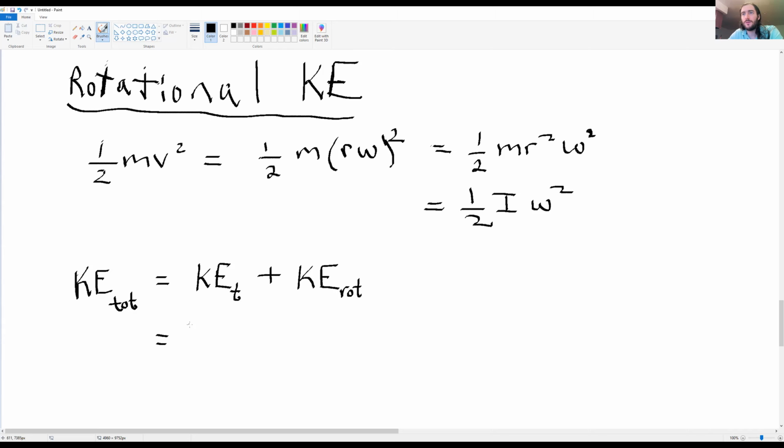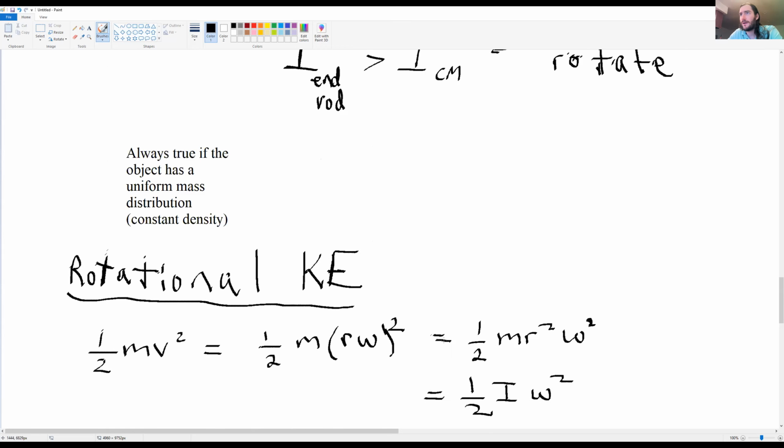So for example, for a bicycle, we would have 1/2 the total mass of the bicycle times its velocity squared plus 1/2 the mass of the wheels times the radius of the wheels squared.